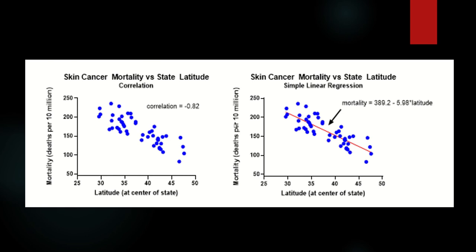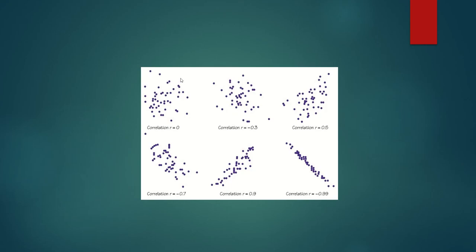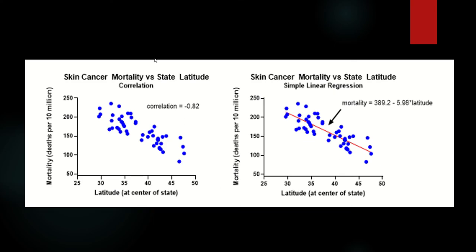Now here you can see a different example. This is skin cancer mortality versus state latitude correlation. This is latitude, and this is mortality. You can see that this somewhat tends to go downwards. If we draw a line, it tends to go downwards, so we say there is a negative correlation.